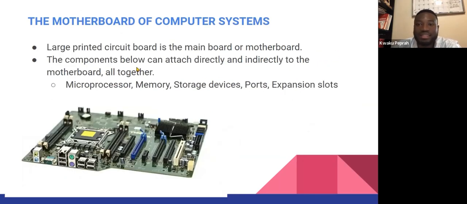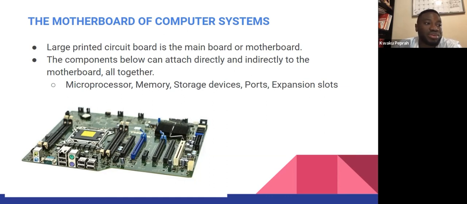Now, we're about coming to the end of this, but this is very important: the motherboard of a computer system. We have the large printed circuit board, which is the main board, or the motherboard, of the computer. Without this, the computer cannot function.